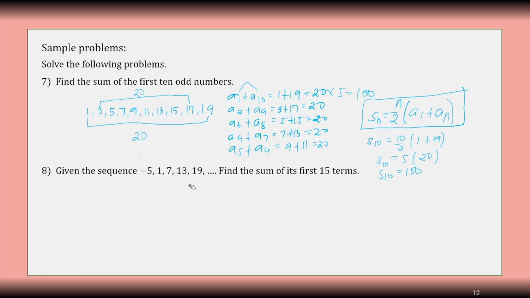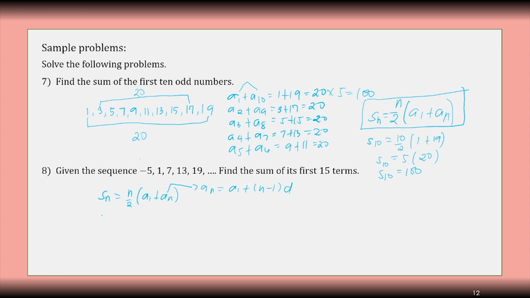So, in this example, the formula is S sub n is equals to n over 2 times A sub 1 plus A sub n. And remember that yung ating A sub n can be computed as A sub n is equals to A sub 1 plus n minus 1 times the common difference.